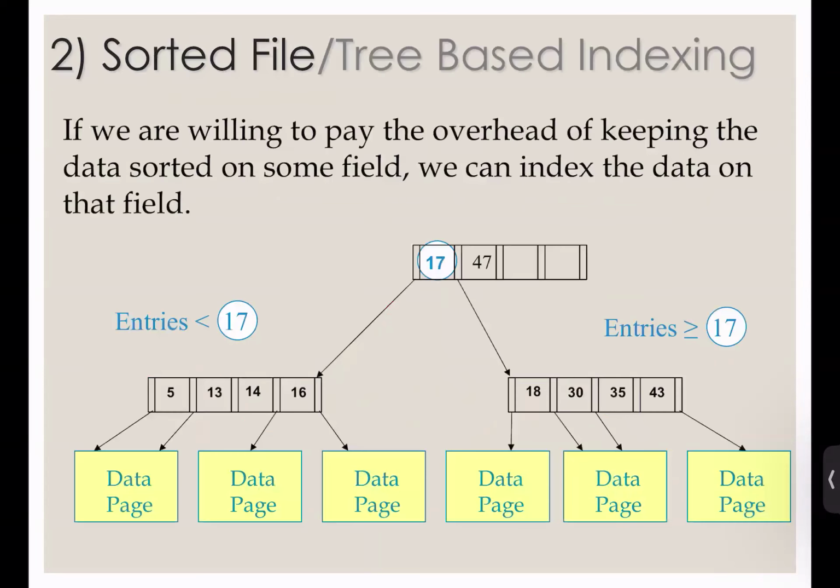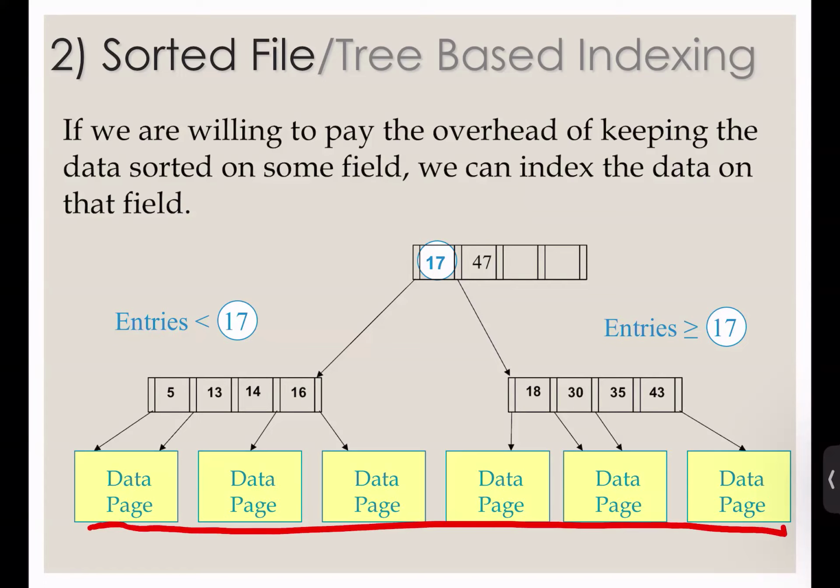The next structure would be a sorted file. In a sorted file, we just have to sort everything in the data pages right here. Sort from smaller to larger, or larger to smaller, it doesn't really matter as long as it's sorted in some way. If it is sorted, we can find things faster, right?